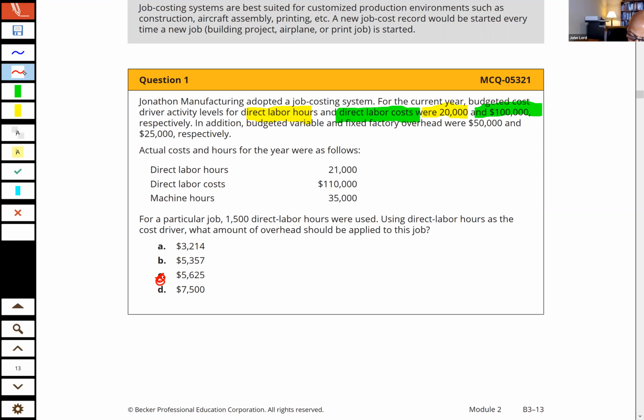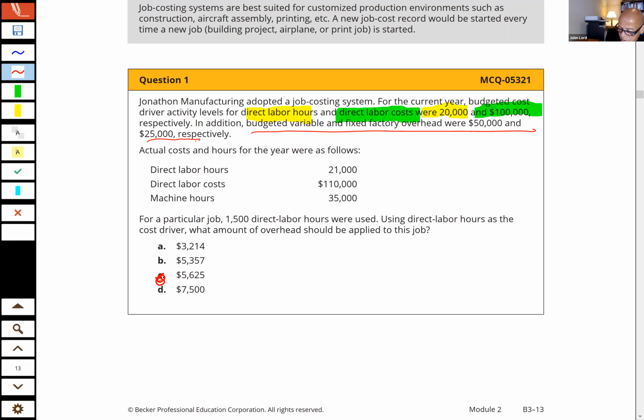Now they're giving me more budgeted information: budgeted variable and fixed factory overhead were 50,000 for the variable and 25,000 for the fixed.